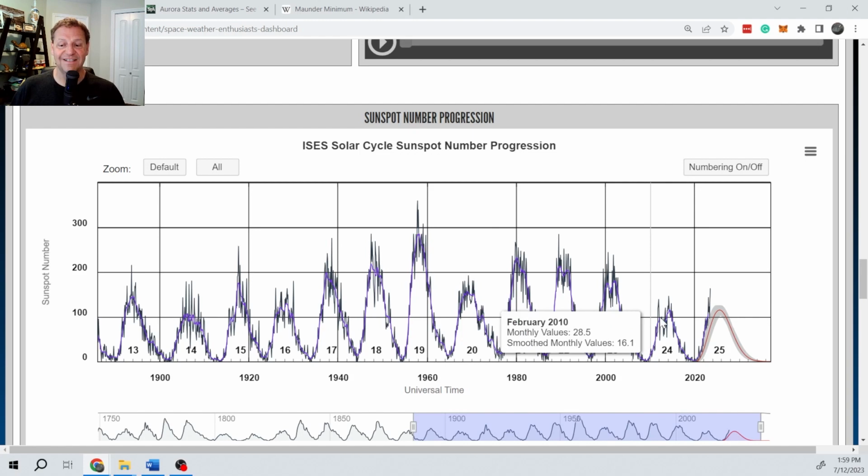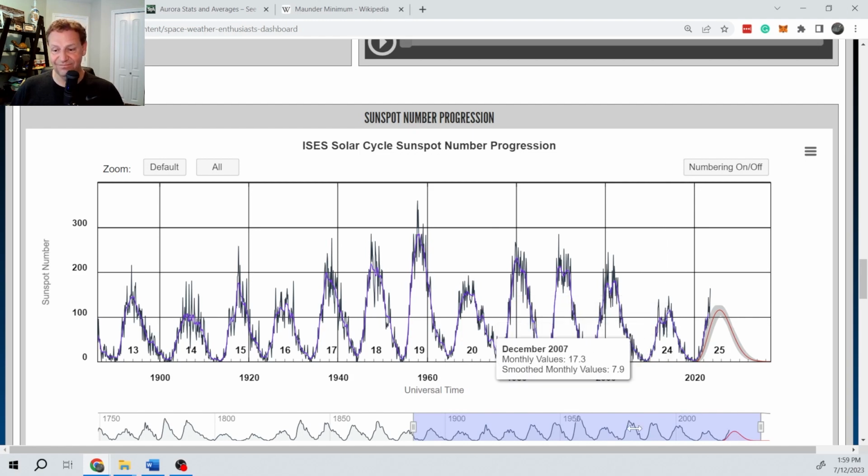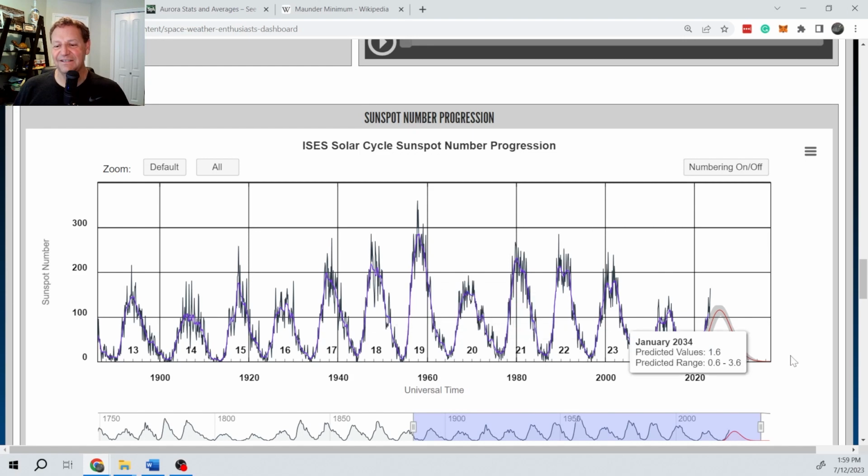It was the weakest one in the last 100 to 120 years, so it's not surprising that the current one is above that. I don't think it's really news, and there's not much to read into that.